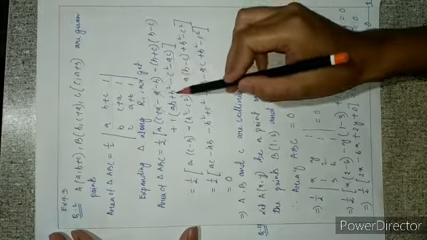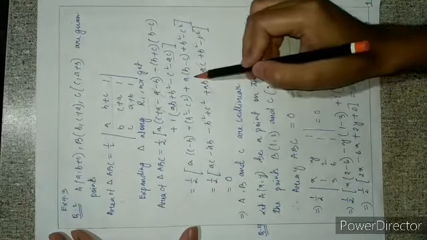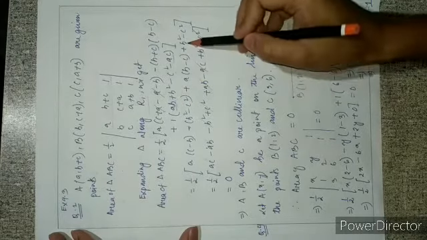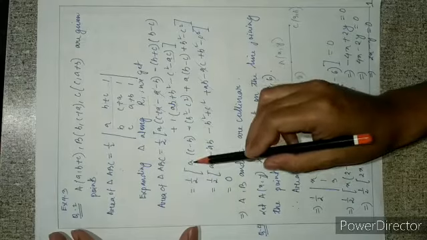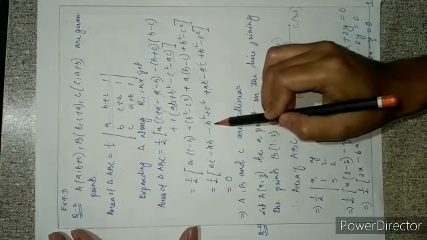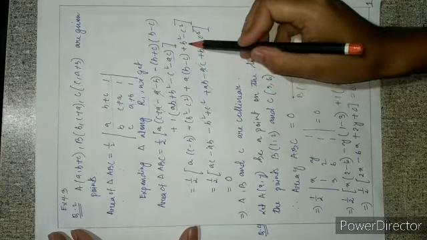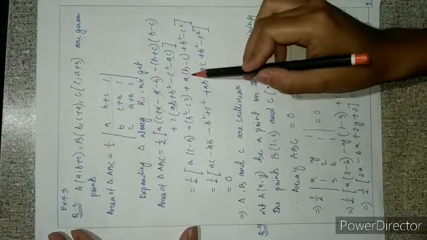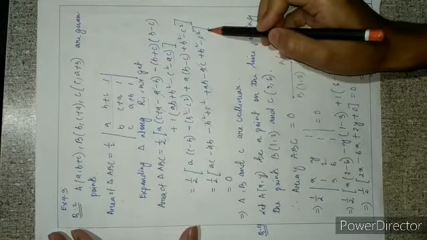Grouping the same terms, taking A common from the first term and last term, we have B minus C. Then grouping this B square minus C square, 1 by 2 multiplied by AC minus AB, B square minus C square multiplied by minus, which is equal to minus B square plus C square, and B minus C and B square minus C square multiplied by AB minus AC plus B square minus C square.